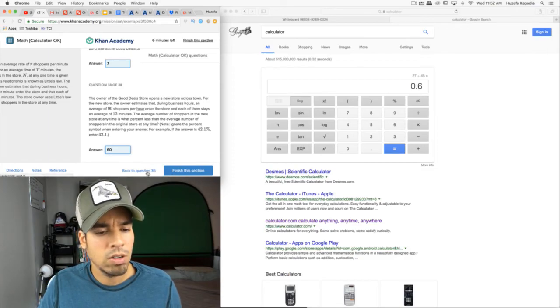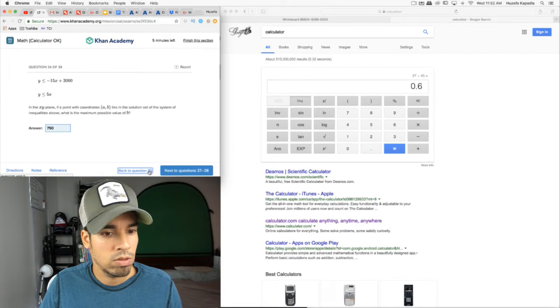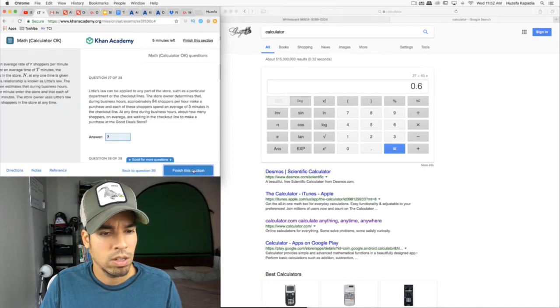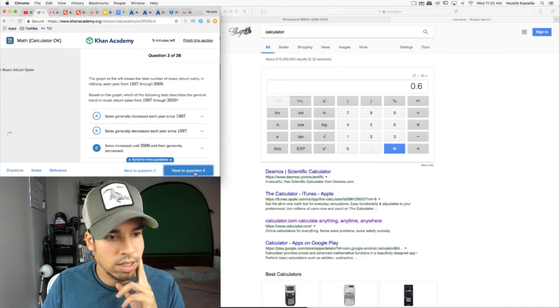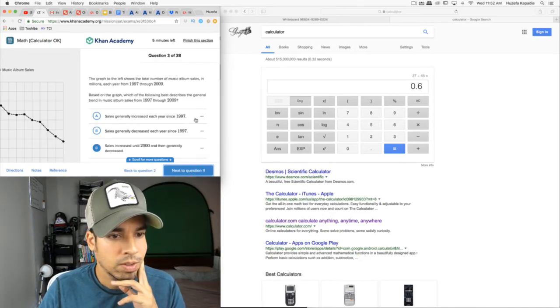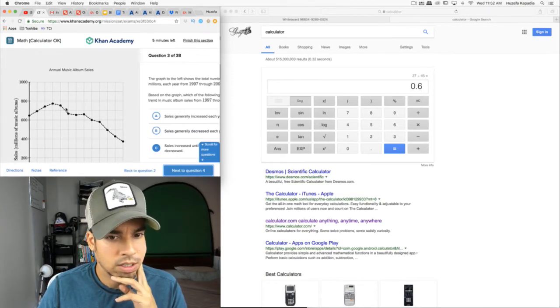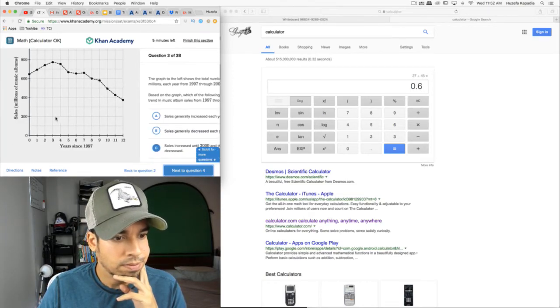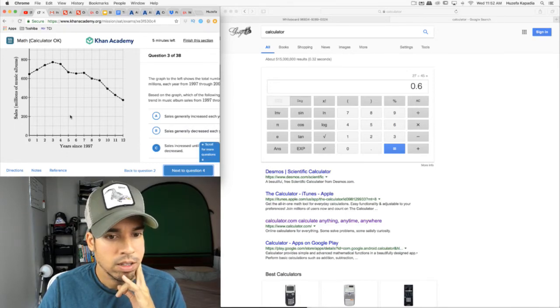I think that's good. Now let's go backwards, because we have to go back to the first one. Okay, good. And then there's one that it didn't load, so I have to look at that. Here we go, this one. Which best describes the general trend in music album sales from 1997 to 2009. Here's 1997, here's 2009, 12 years later.